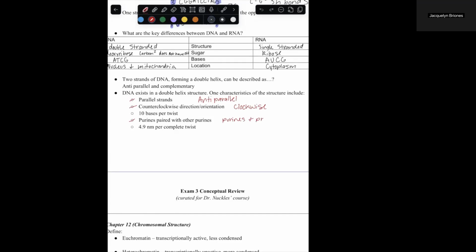The last option is 4.9 nanometers per complete twist. That's wrong; the answer is 3.4 nanometers. So we know our answer is going to be 10 bases per twist.